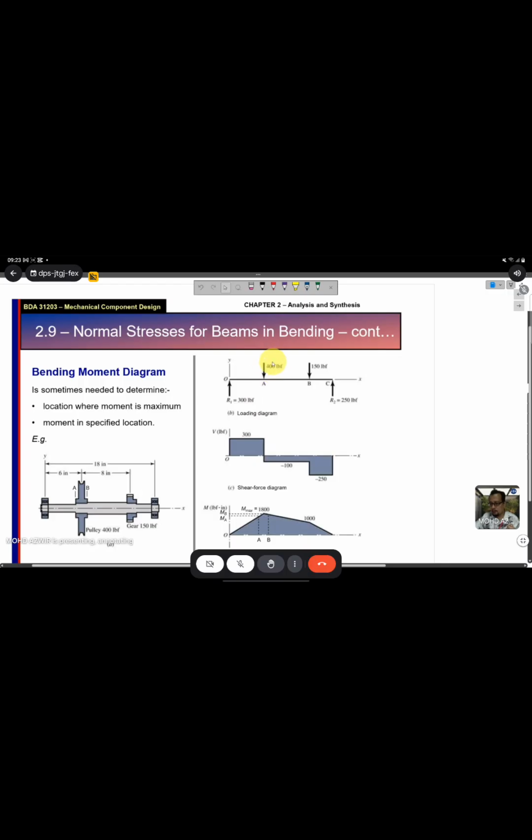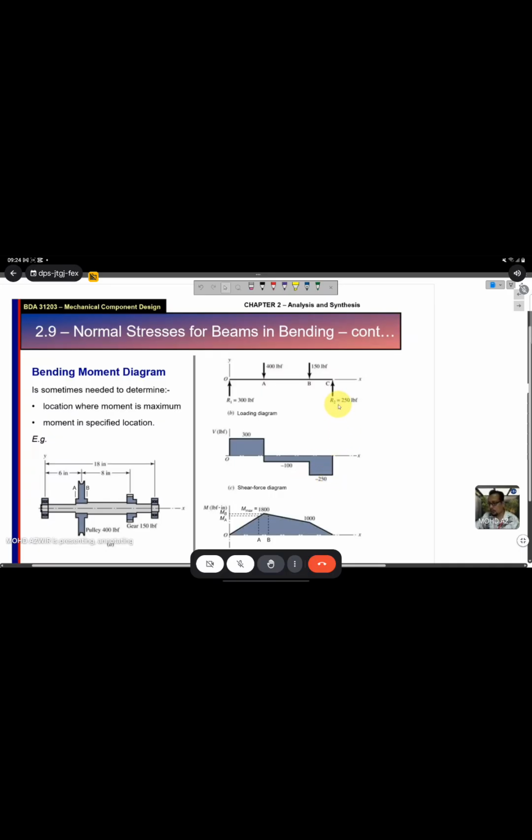Then at A here, we have 400. So 300 minus 400, the result will be negative 100. So you just put a straight line here, and then from here, you get negative 100. And then there is no other force here, so it will become constant, negative 100. Up to point B here, we have 150. Then you add another 150 to negative 100, so you will get negative 250.